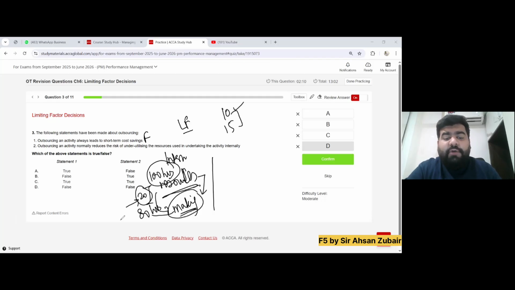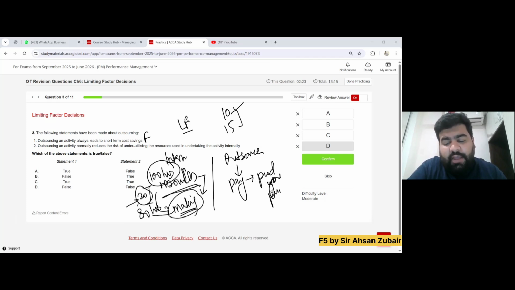On the other hand, if you have outsourced the activity or the product, you will pay only for the product you have purchased. You will not pay for more products. There is no scenario of underutilization or overutilization in that case. You just pay for the product or activity and take it from outside.